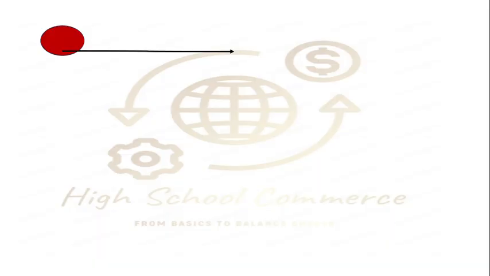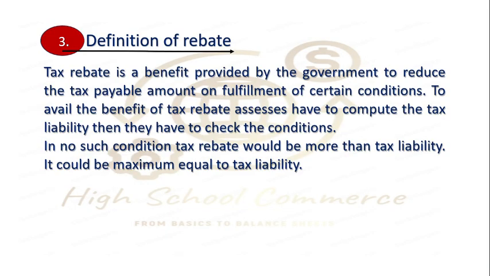The last one, rebate. Rebate is a kind of benefit which the government provides to reduce our tax payable amount if we fulfill certain conditions. To avail the benefit of tax rebate, we have to calculate the tax liability and then check the conditions.